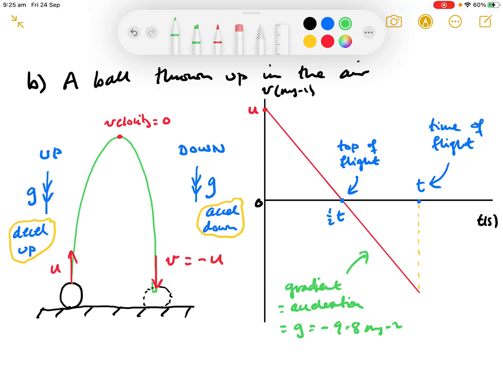And the reason it can be accelerating while it's temporarily at rest is it's changing direction. Velocity is a vector quantity, so if the direction is changing, the velocity is changing, therefore it's still accelerating. Okay, so that's the velocity time graph for a ball thrown up in the air.